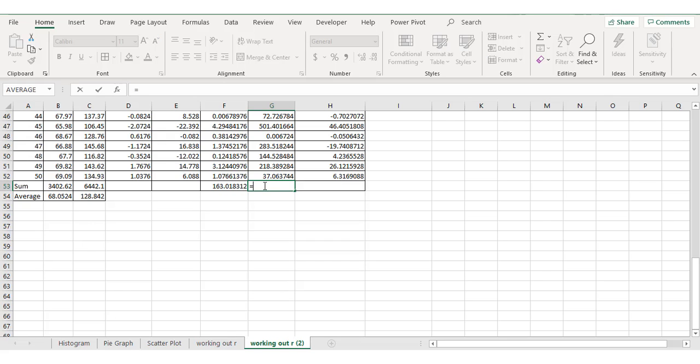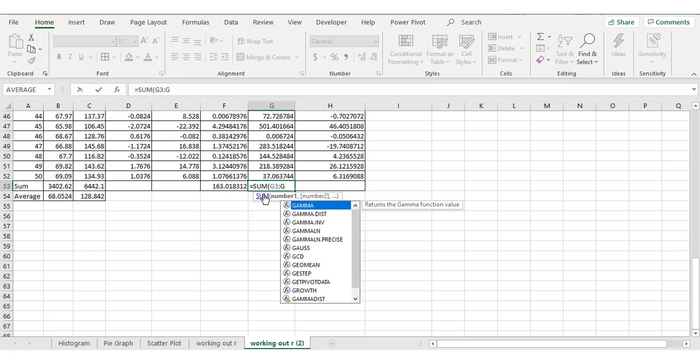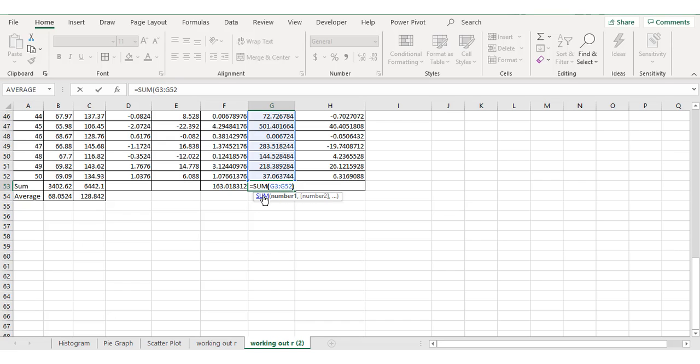For this column G, equal sign, type sum again. It will be from G3, colon symbol, G52. Enter. Equal sign, sum.